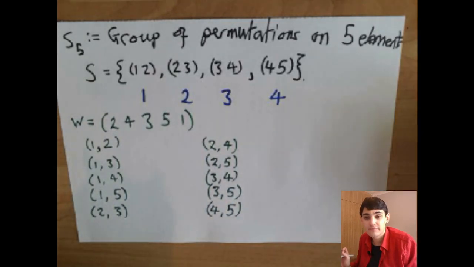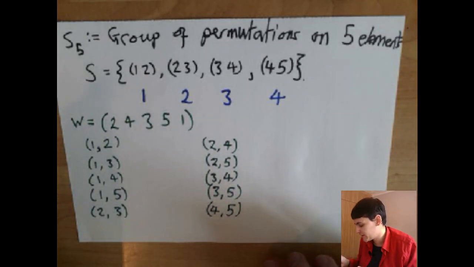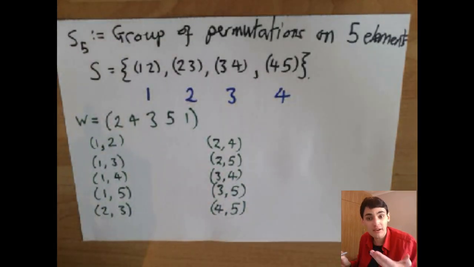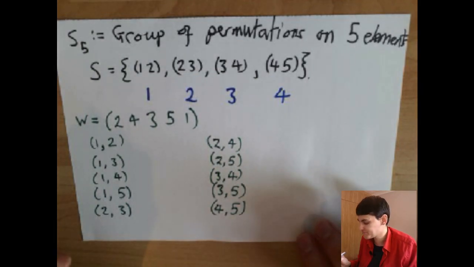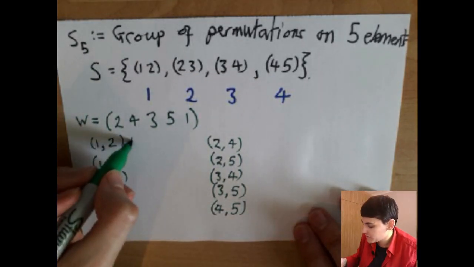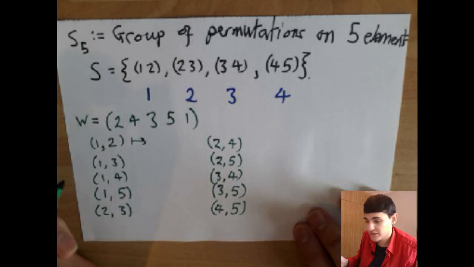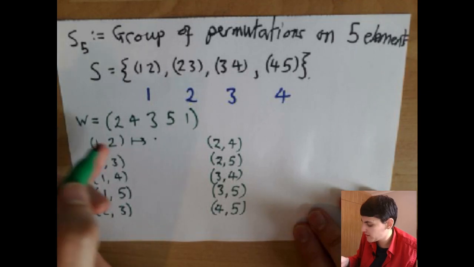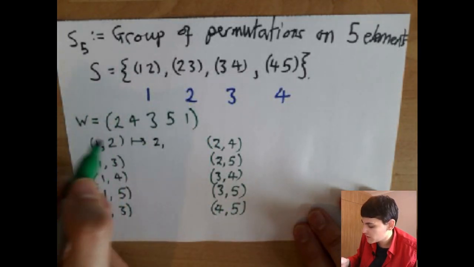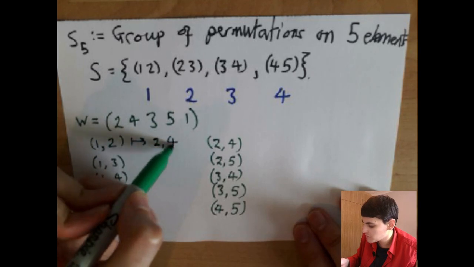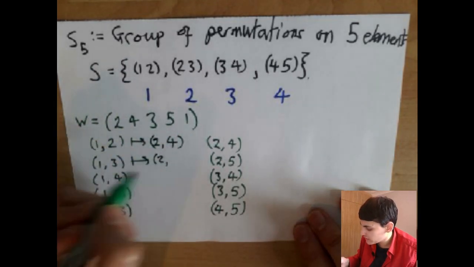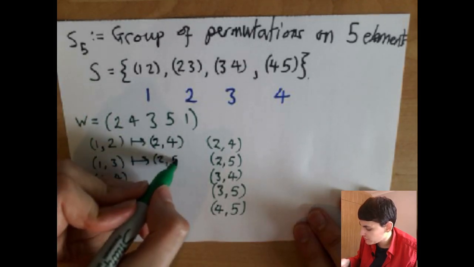That's all the ordered pairs such that the first one is smaller than the second. Under W, 1 gets sent to 2 and 2 gets sent to 4. 1 again is sent to 2, 3 is sent to 5.